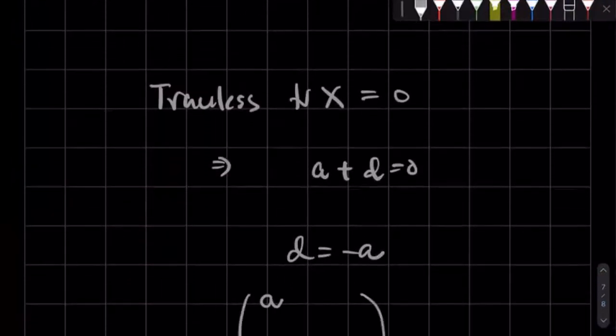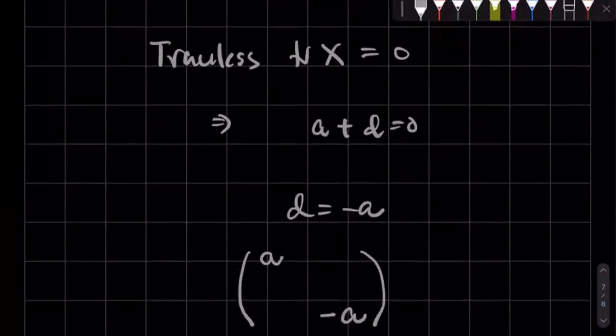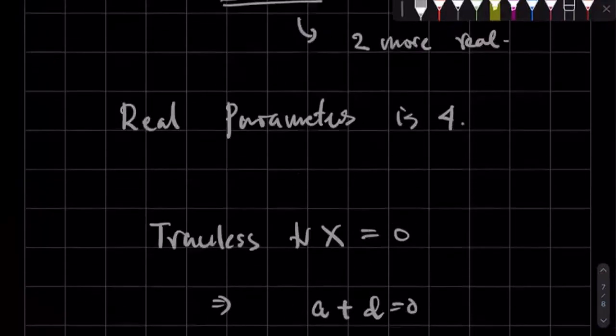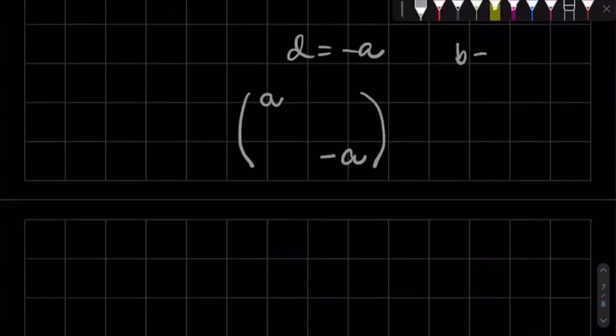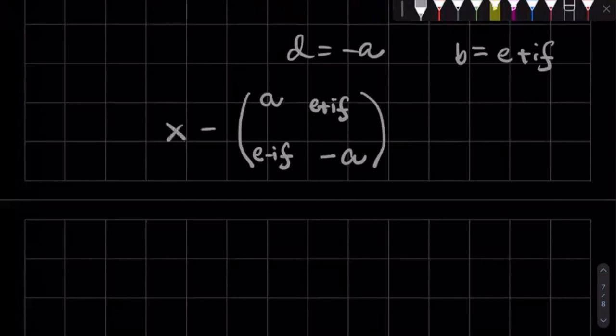So then our matrix must be A, B, C, minus A. Let me go back. Let's write B in terms of 2 real things. B, say, E plus I of F, but C must be the complex conjugate of this thing. So here we have E minus I of F. So this is the most general Hermitian traceless matrix.